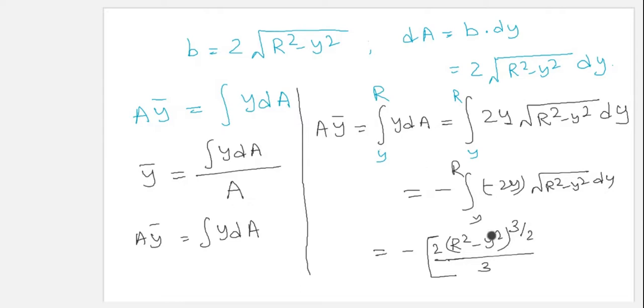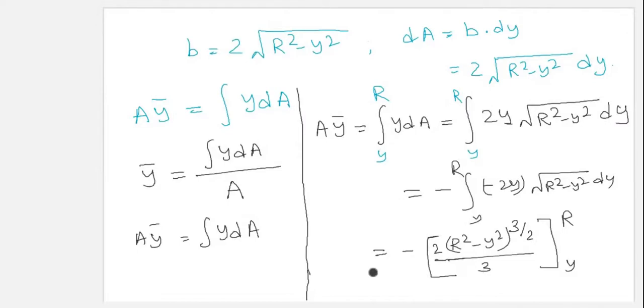Okay, so 2 by 3 into r square minus y square whole to the power 3 by 2. Then this, is it coming for everyone? That's why I am telling about the minus, because this minus is important, because when you put the values, this minus will be consumed.